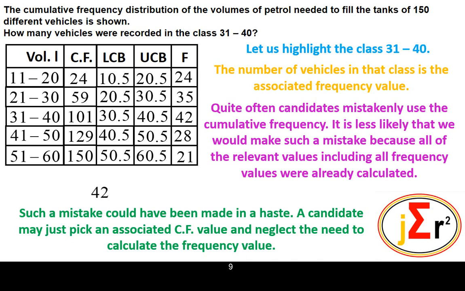A candidate may just pick an associated cumulative frequency value and neglect the need to calculate the frequency value. So that is the kind of mistake that students are likely to make in solving this particular problem.